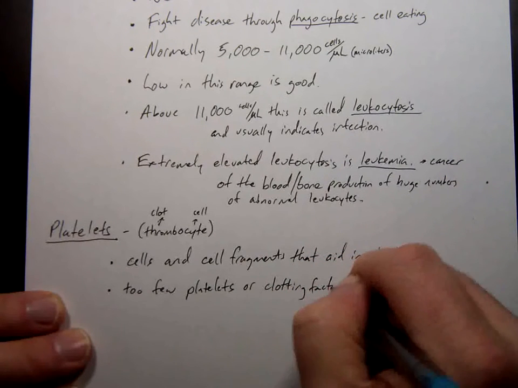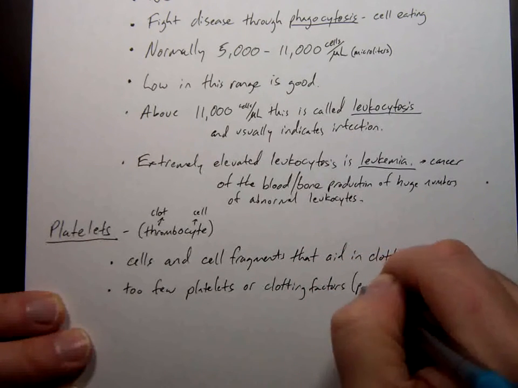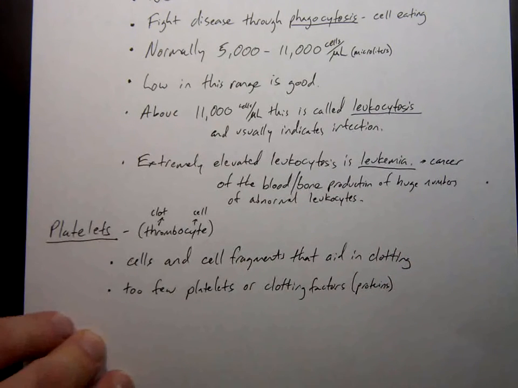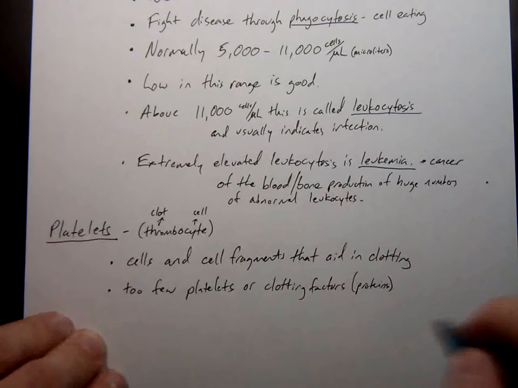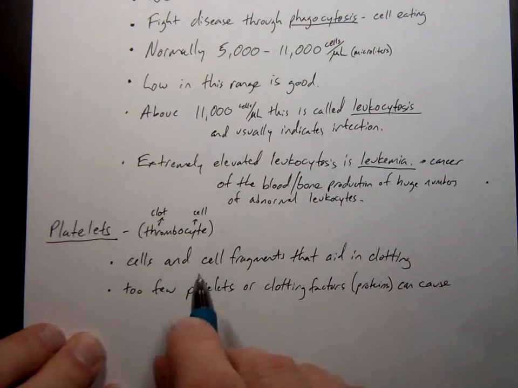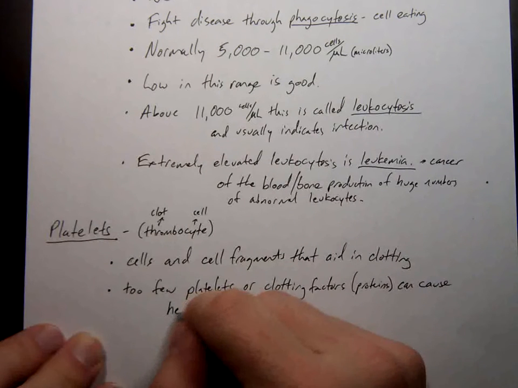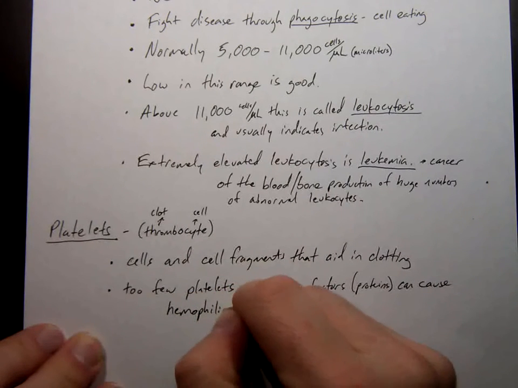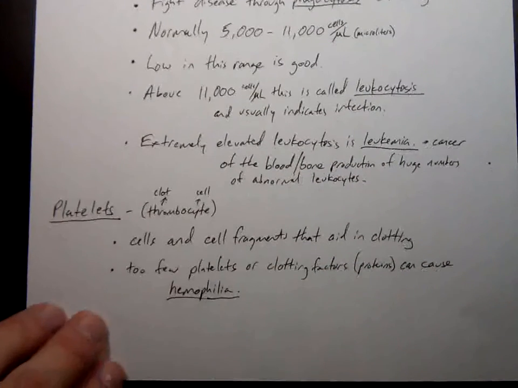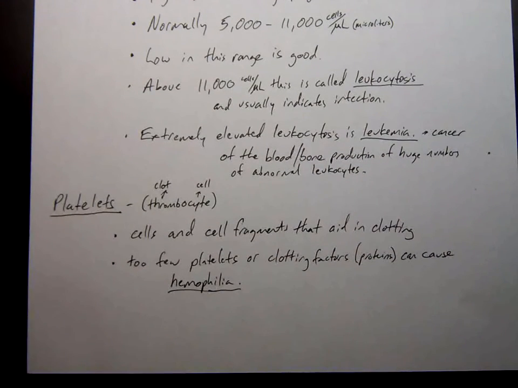And clotting factors are proteins. Therefore, they're manufactured based on our genetic code. Can cause hemophilia. Now, of all the conditions that have been named, I think this one is the greatest misnomer. Hemo is correct because it means blood. What is philia?